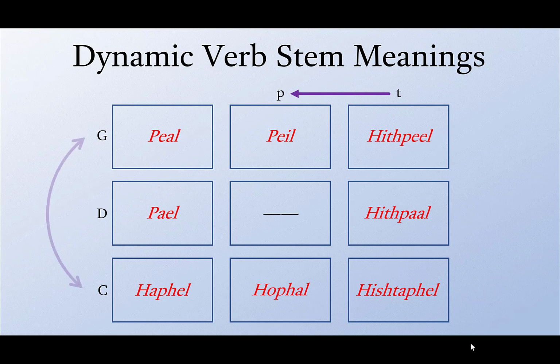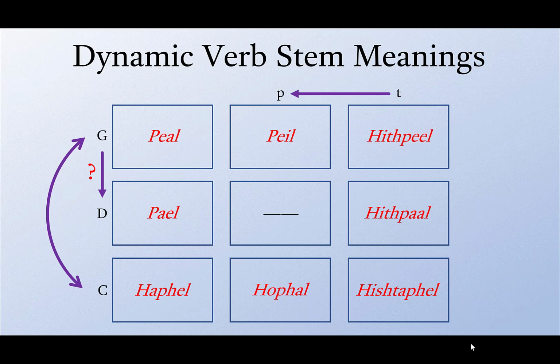Okay? Now, this comparison of the G and C is worth mentioning briefly, and that is that the C stems normally are very clearly expressing a causative variation of the G stem meaning. Now, something that is not as clear is the relationship between the G and D stems.